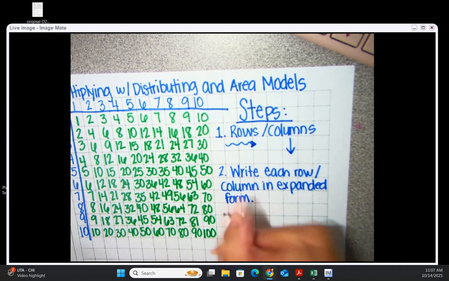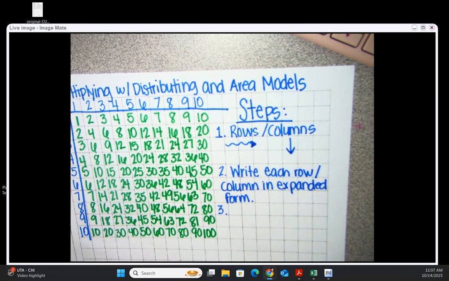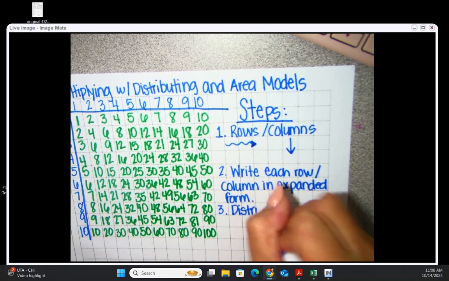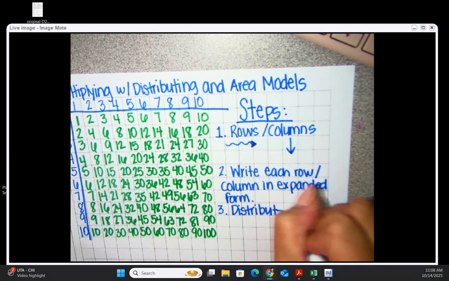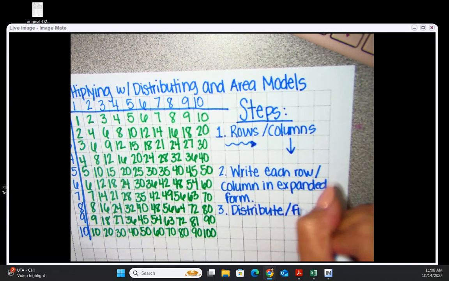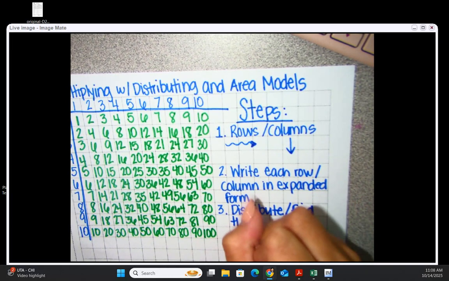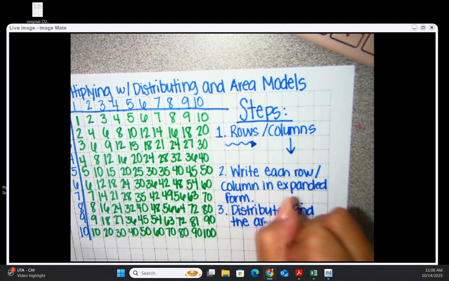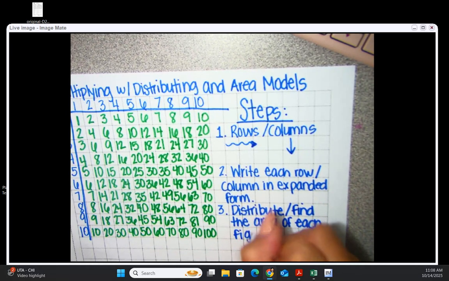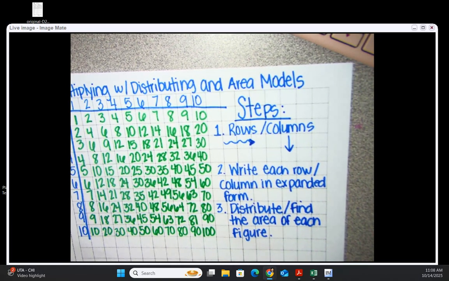Step number 3. Distribute and find the area of each figure. It can also be called a model.